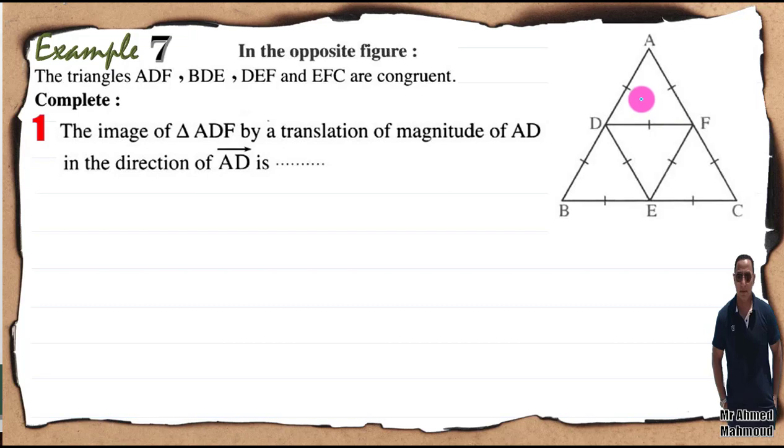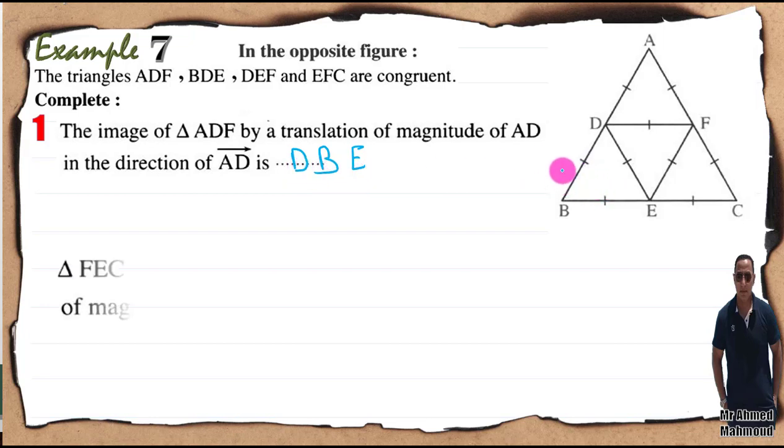By translation AD in the direction of AD, I'm going to move A as AD. So A goes to D, and D in the direction of AD goes to B, and F in the direction of AD goes to E. Finally, the image is triangle DBE.